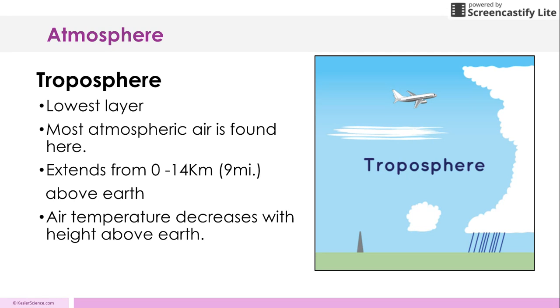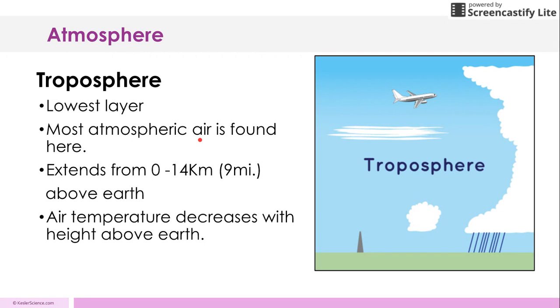So think about altitude as you're climbing a mountain. The higher up you go, the temperature decreases. It's getting cooler. So for your notes, I want you to write the most atmospheric air is found here.